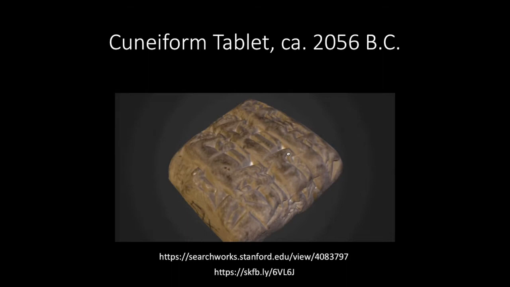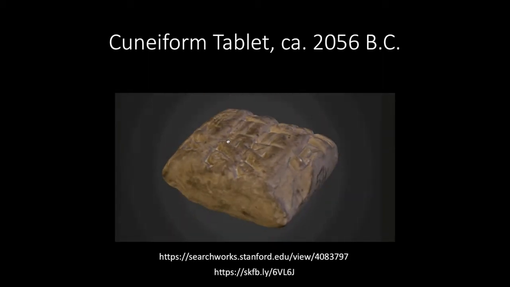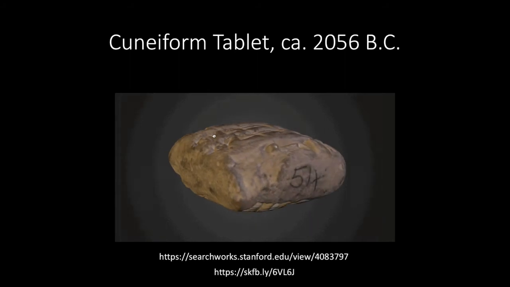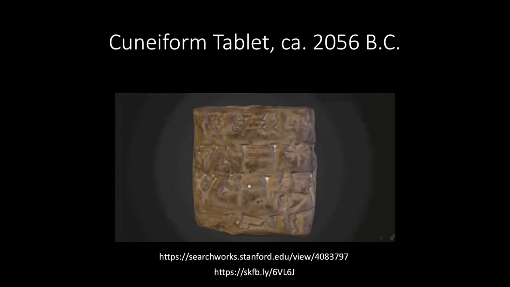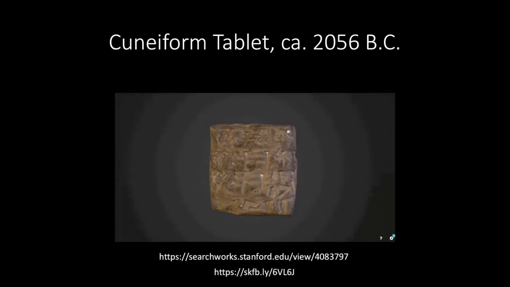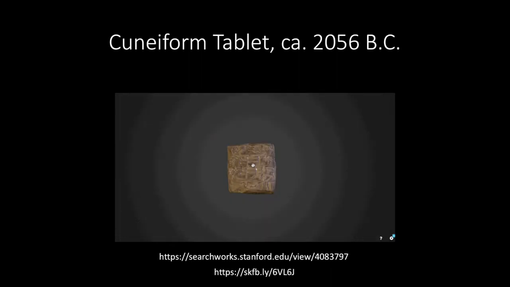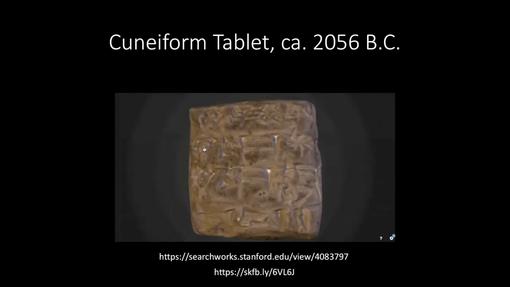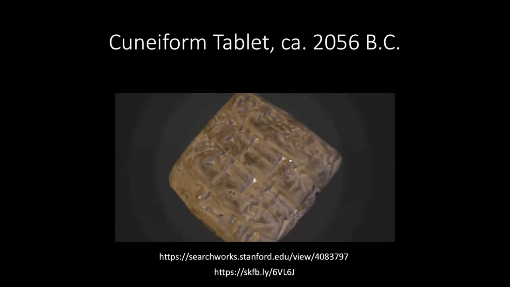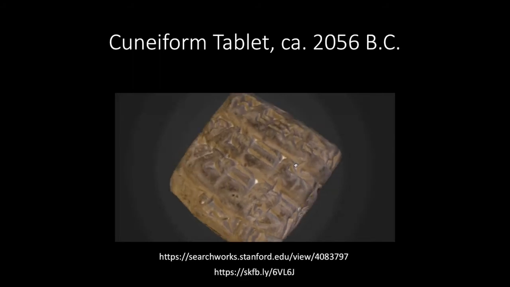But our colleagues in the digital production group here at Stanford, including Astrid Smith, have provided a 3D rendering of this object for us so that we can look in more detail at the impressions in clay that were left recording this transaction. And while it doesn't match up to touching the piece or holding it in your hand, I hope you can get a sense for some of the approaches here to recording text in a very early time.